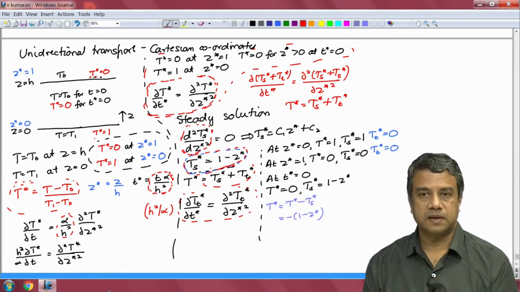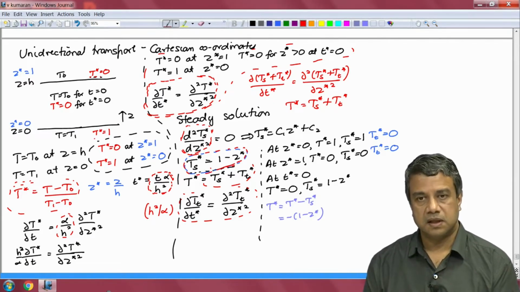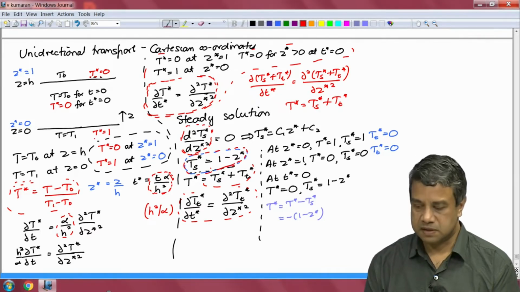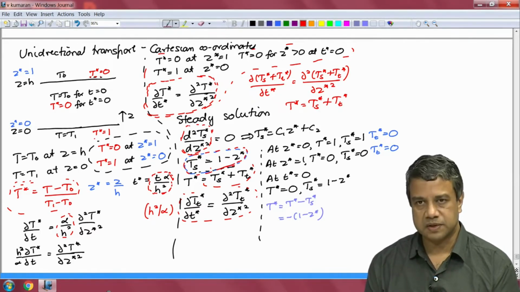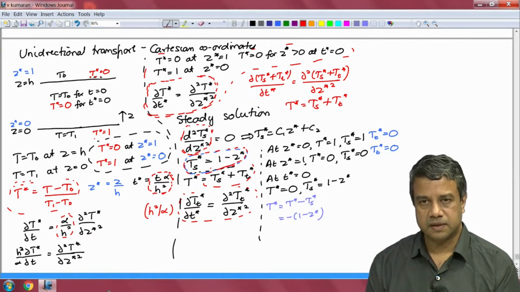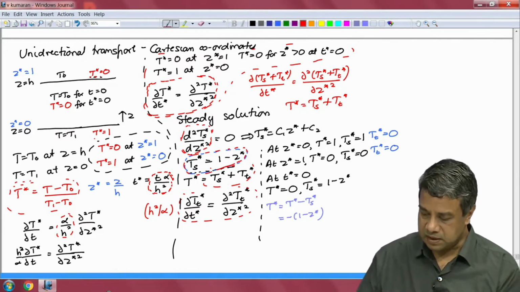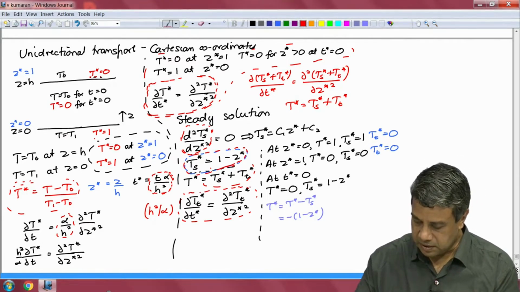Now, how do I find the equation for the transient part? Take the equation for the total temperature, subtract out the equation for the steady temperature, and I will get an equation for the transient part of the temperature field.